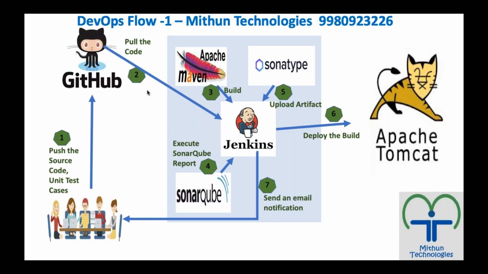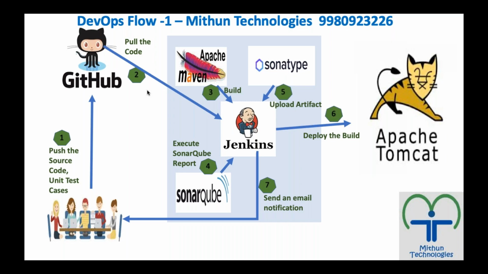Now the package is ready. What we need to do? We need to deploy the application to the Tomcat server. How to deploy it? We need to configure the Tomcat server details, and for that, first you should install a plugin.